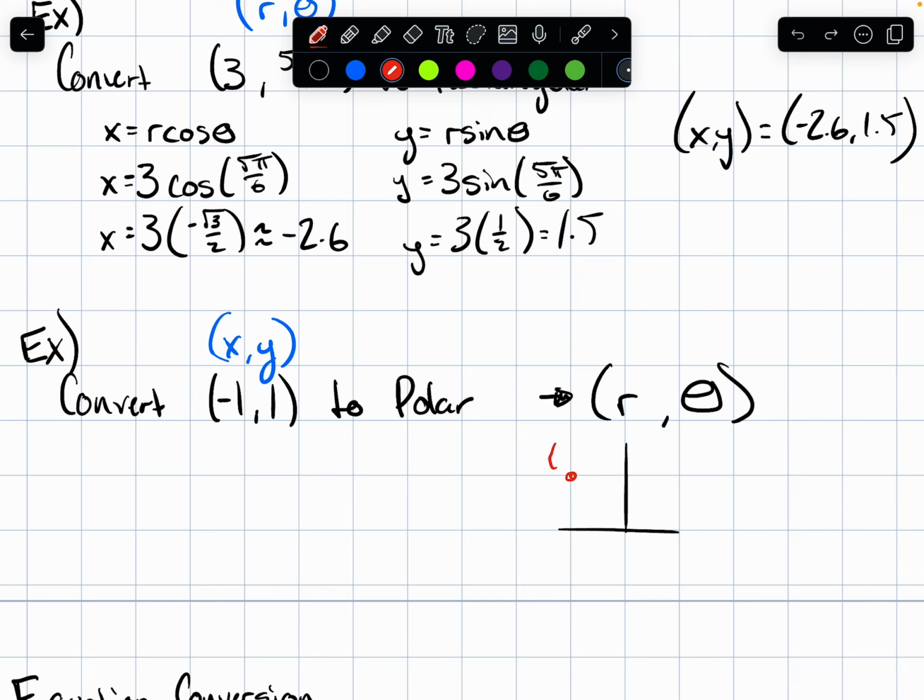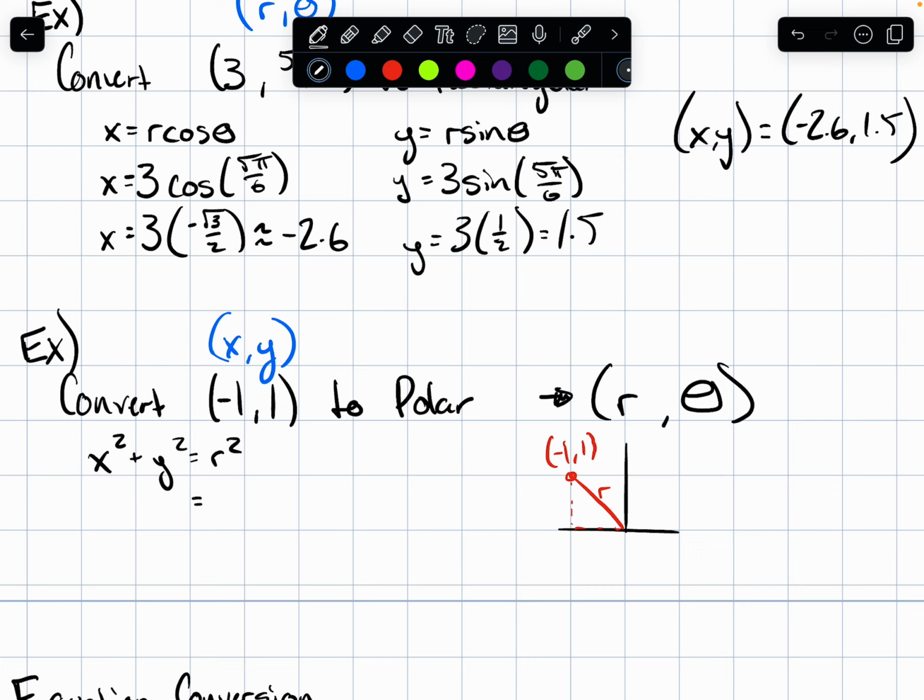Negative 1 comma 1 appears in this quadrant over here. In order to find this distance, r, we're going to use that formula, essentially the Pythagorean theorem, that x squared plus y squared equals r squared.